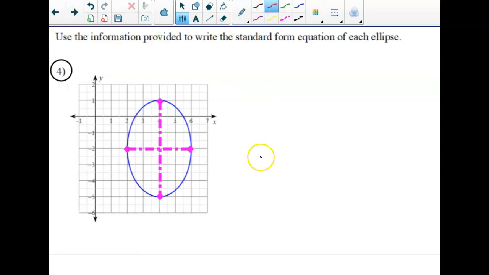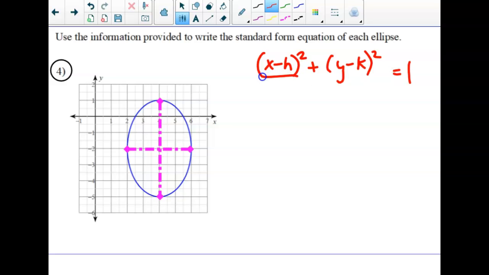Can you take a second and try to find some information about this? So we have an x minus h squared plus a y minus k squared equals 1. Is the a squared, go ahead. Okay, so the center is at 4, negative 2.